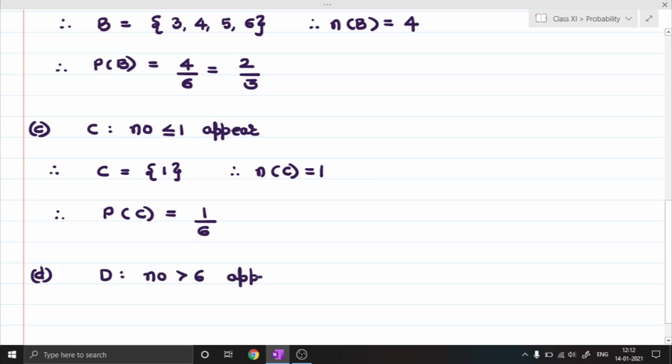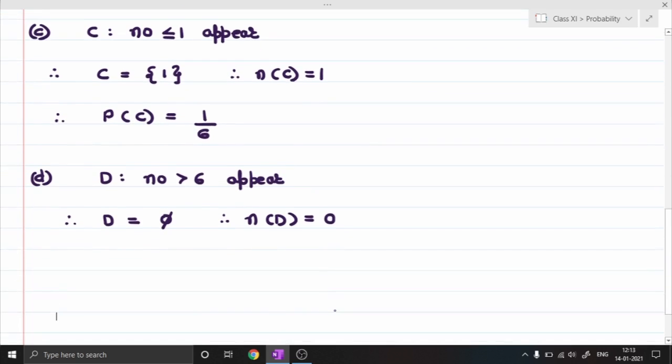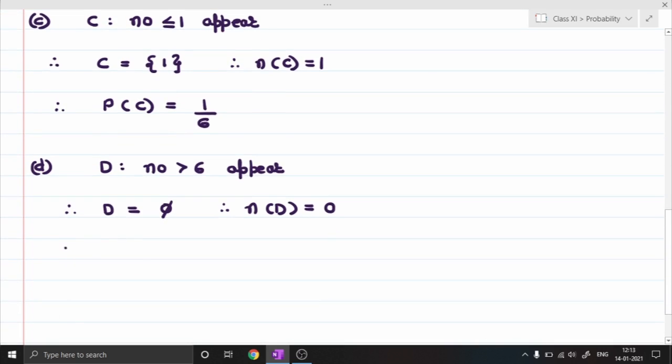How many numbers are there which are more than 6? There is no number more than 6. So D will be the empty set, and n of D will be equal to 0. So P of D will be equal to 0 upon 6, because n of D upon n of S, so it will be equal to 0.